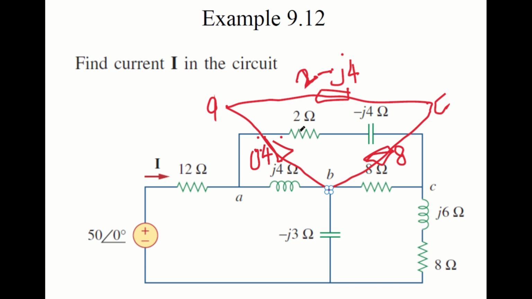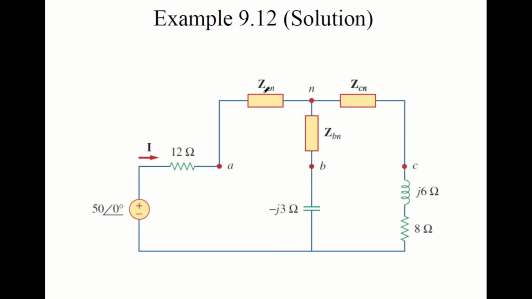If we do the conversion from delta to wye, we get a circuit like this. This is a Y shape, like a Y or T shape, right? So it is a wye circuit over here.